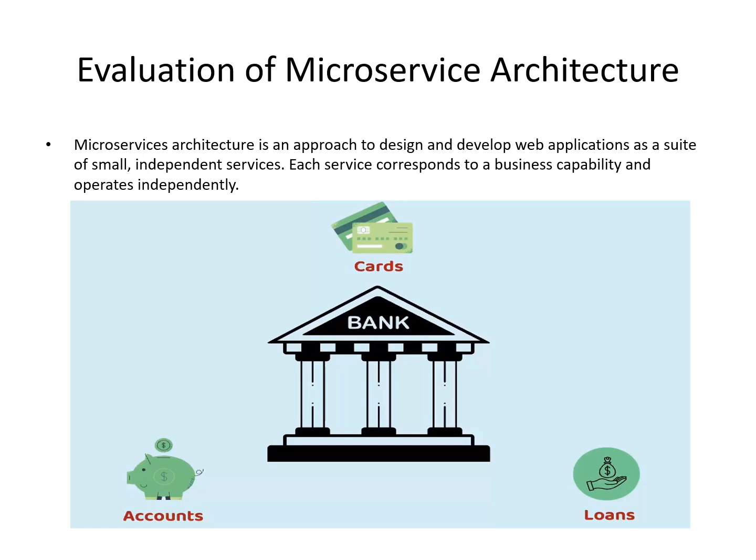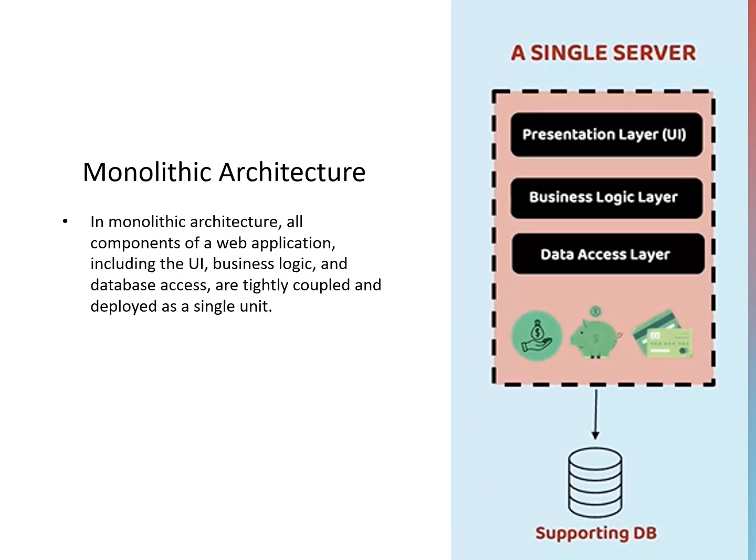The very first traditional approach that we have to build a web application is monolith architecture. Whenever we follow the monolith pattern, all the business functionality of the bank application will be deployed as a single unit.